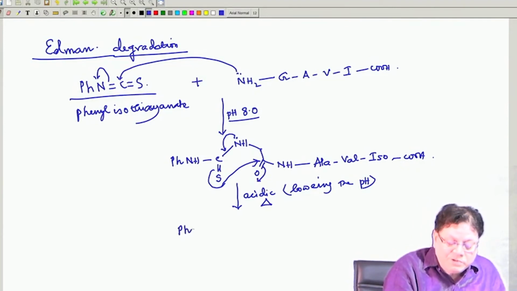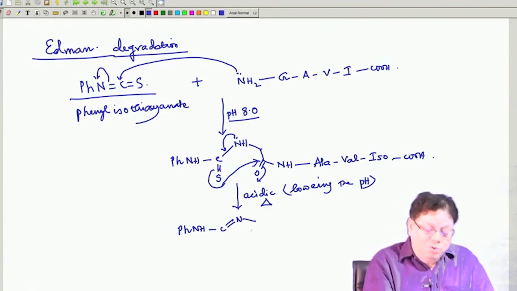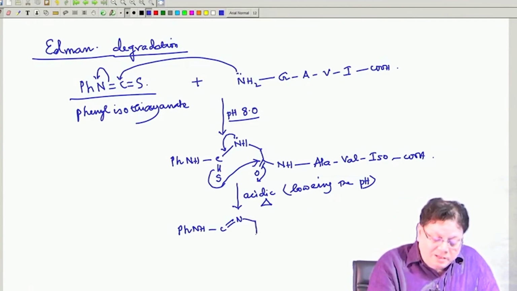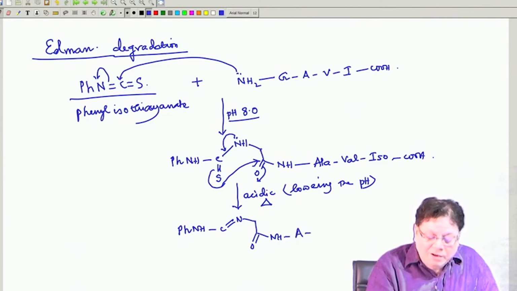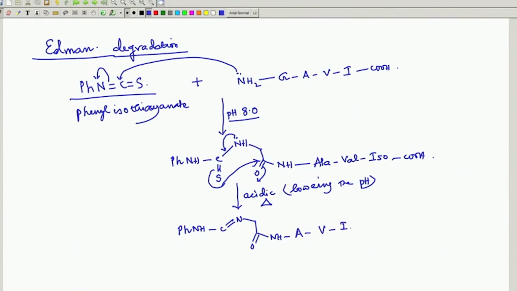So, what you get is PhNH, then C double bond N, the nitrogen will definitely lose the hydrogen, that is now the amide, the peptide bond, and then you have alanine, then valine, then isoleucine. Okay. So, this is not yet complete, sorry, this is now O minus, and there is a sulfur carbon bond.